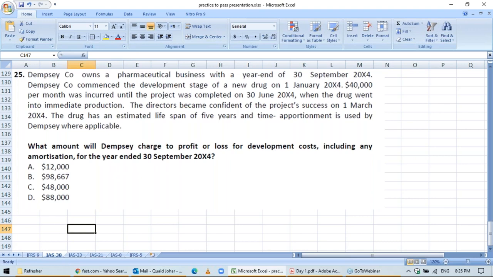So they say they were spending 40,000 per month, 40,000 per month was being spent until the project was completed on 30th June 2004, right? And they say Dempsey commenced the development stage of the new drug on 1st January 2004.